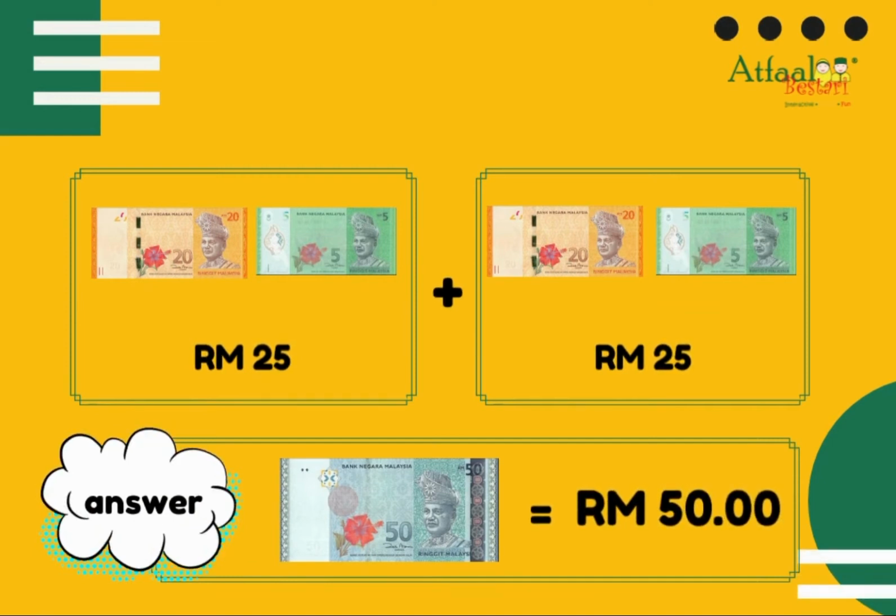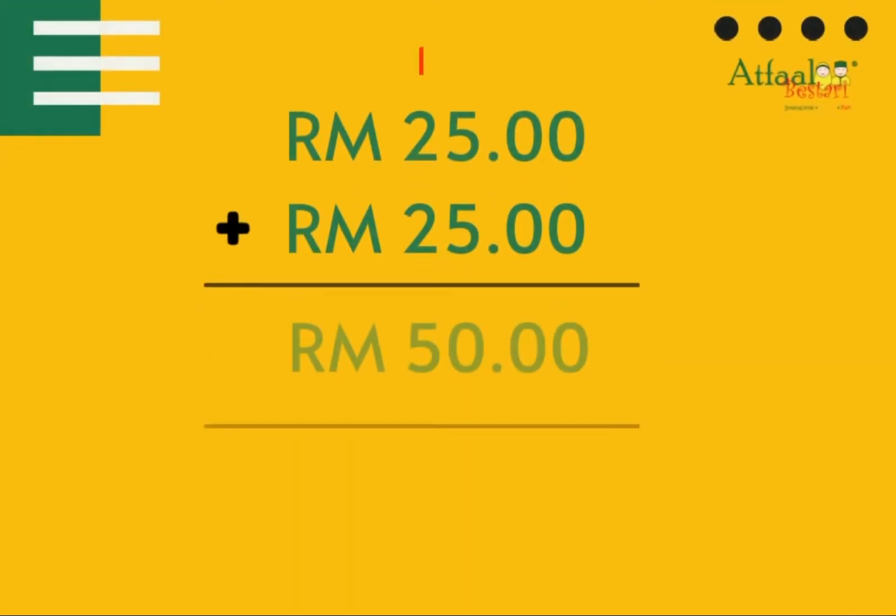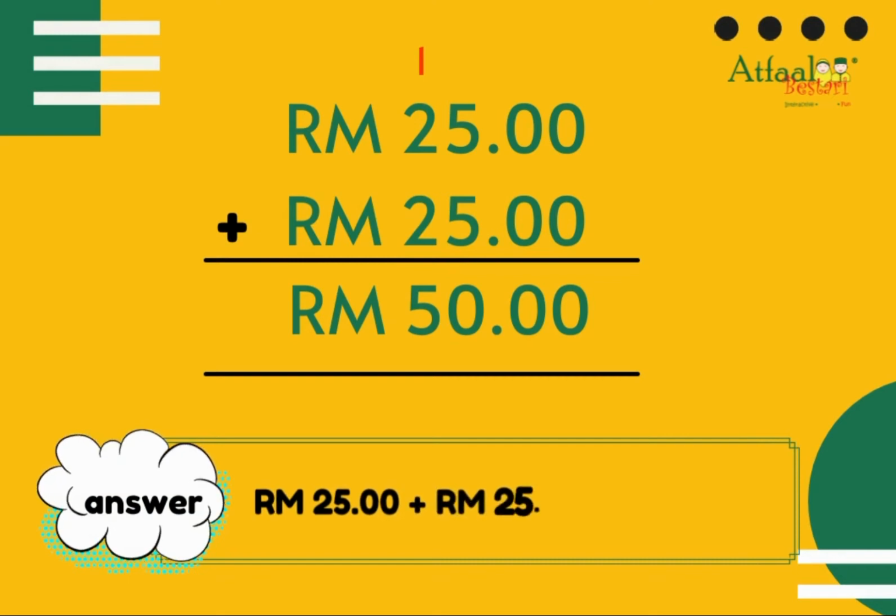Another example, 25 ringgit plus 25 ringgit equal 50 ringgit. Write down 25 ringgit plus 25 ringgit in vertical method. Then start counting from your right side first, which is 0 plus 0 equal 0.